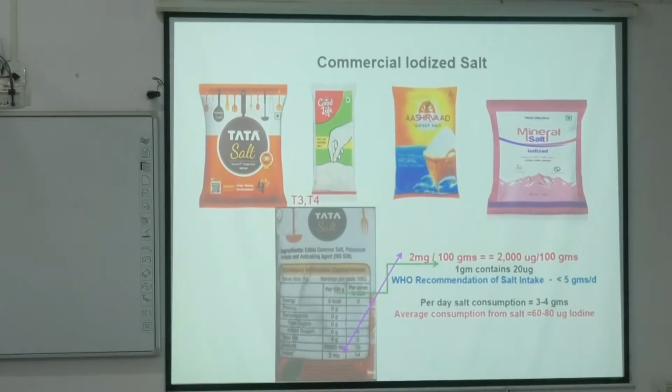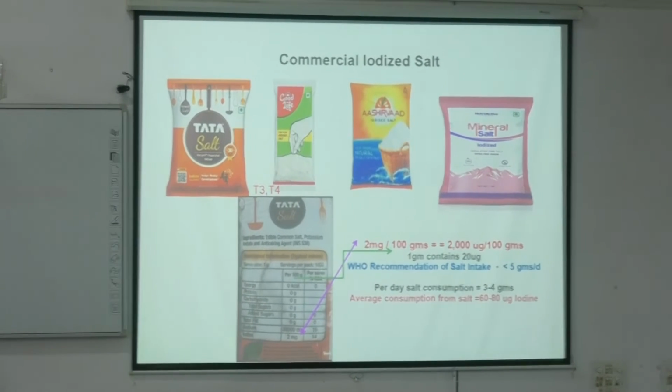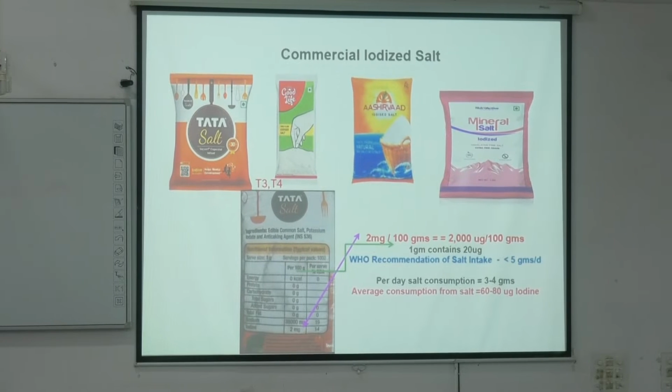We used to get salts packed in jute sack bags, but from mid-85, iodized salts were available in the market, and from 2000, practically that jute sack salt is not seen, and everywhere you will get salt available in packets, and that is iodized salt.